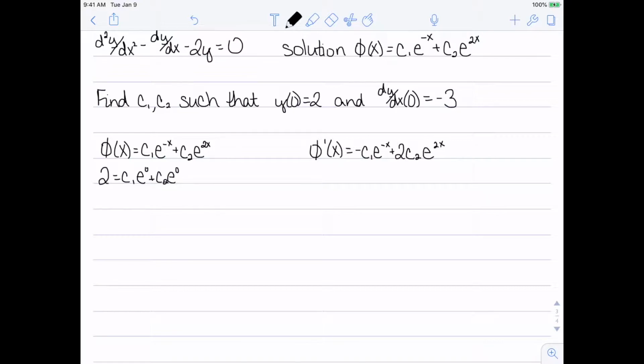That gives me that 2 is equal to c1 e to the 0 plus c2 e to the 0, which simplifies to 2 equal to c1 plus c2. For the first derivative, I know that at 0 it should be equal to negative 3. So I get negative 3 is equal to negative c1 e to the 0 plus 2c2 e to the 0, which then gives me that negative 3 is equal to minus c1 plus 2c2.